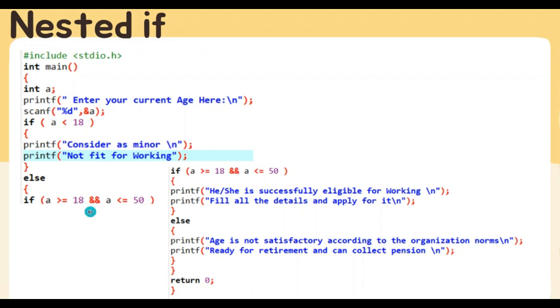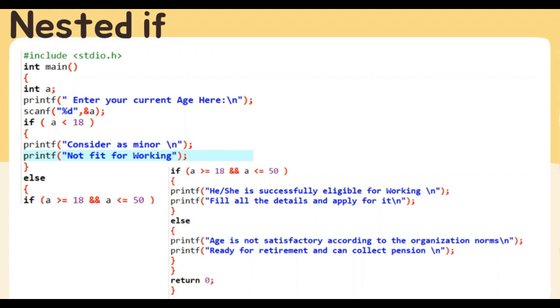Yes, as I took 21, this condition gets true, and it will print this statement with printf: he or she is successfully eligible for working, and fill all the details and apply for it.